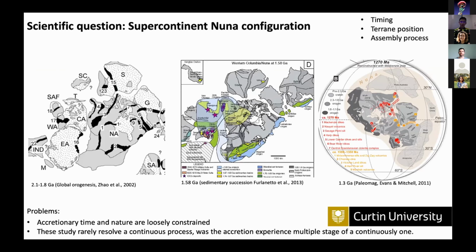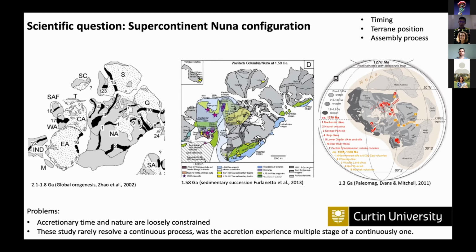In most reconstructions, Australia has been put very close or adjacent to Laurentia, which is North America.